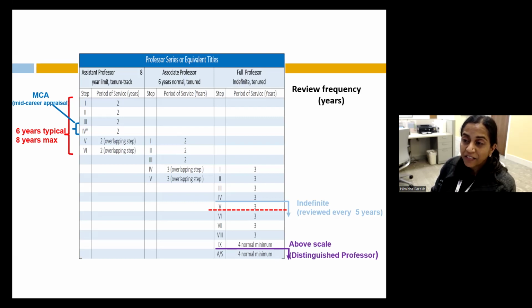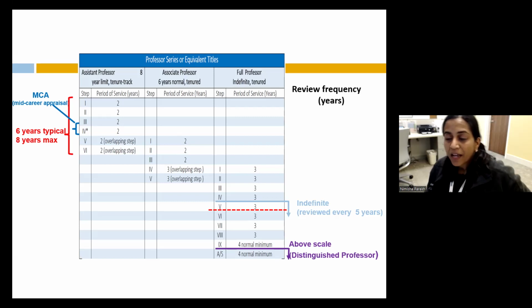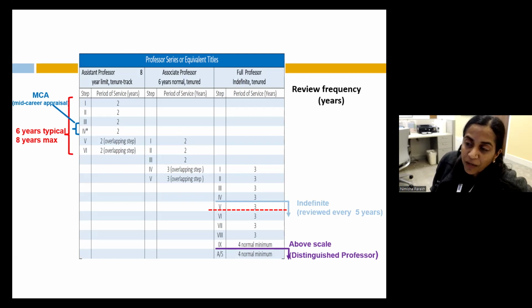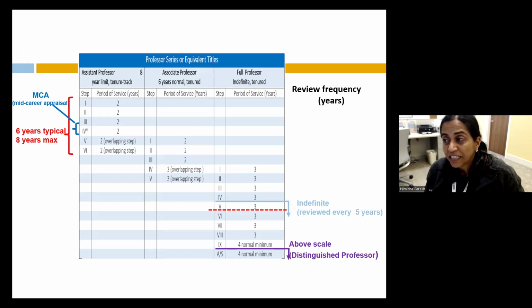Now, there is a mid-career appraisal. This is more geared towards Senate faculty, but we do a simpler one for HS faculty. And usually people will go up for promotion between the 6 to 8 year mark, but you can't be at an assistant professor level for more than 8 years. And then we have associate, and then we have full professor.